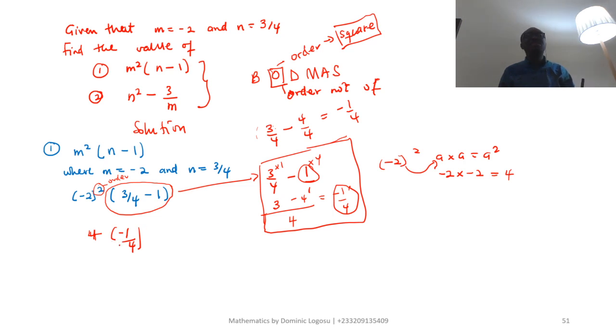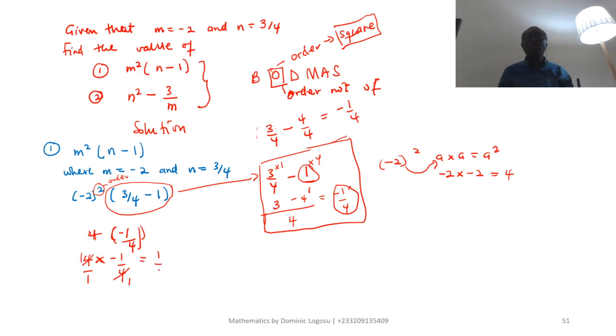So now that we have this answer, we'll go ahead. Bracket means multiplication, so we can just quickly remove the bracket and bring this there. Now, any number standing on its own is over 1. And the sign between them is multiplication. So since it's multiplication, we can cancel out. 4 will go into itself 1, 4 will go here 1.